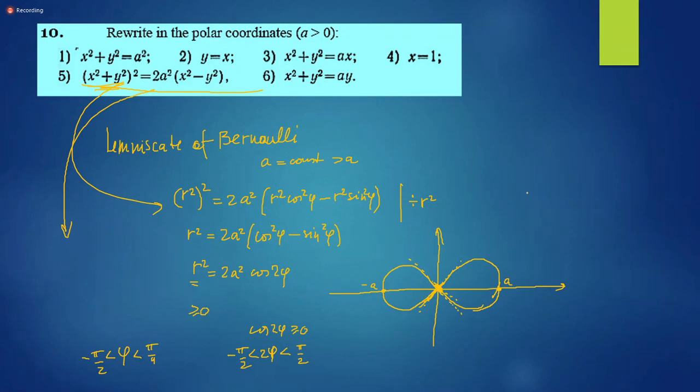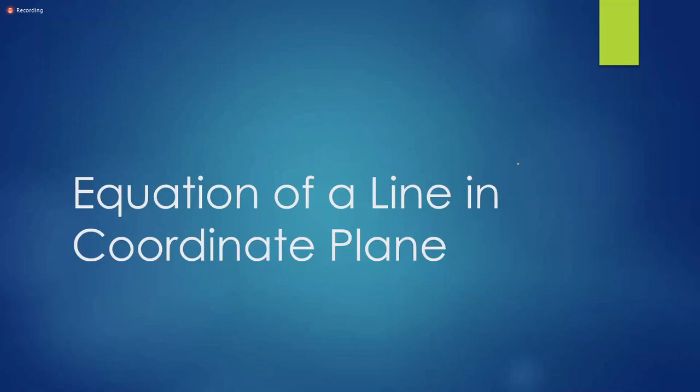In this case it will be straight lines in regular Cartesian coordinates. So the more or less exotic part is finished for now, and we are moving on to the equation of a line in coordinate plane. In fact, a line in 2 dimensions.